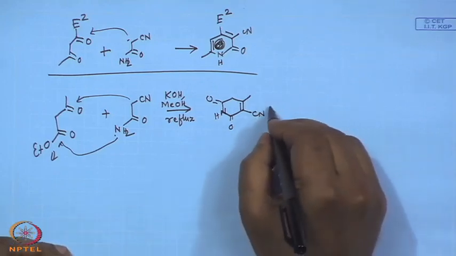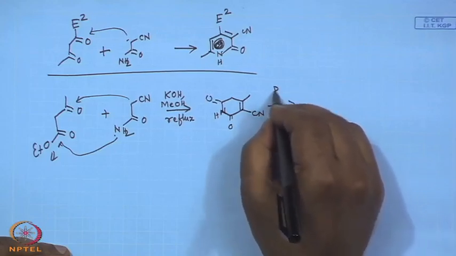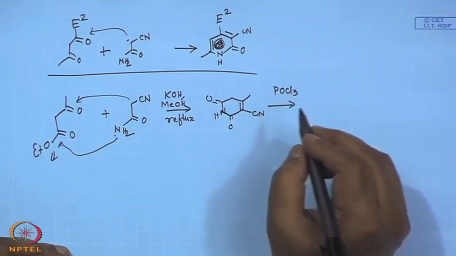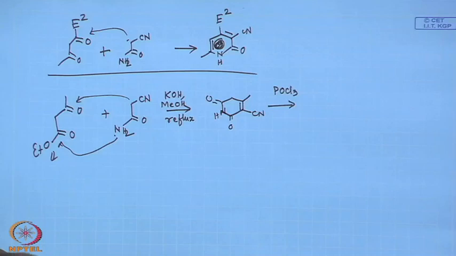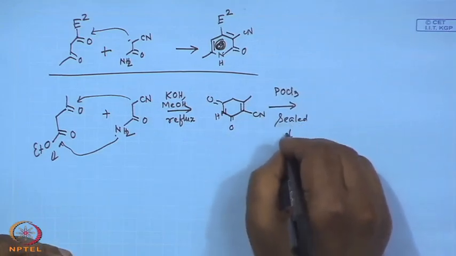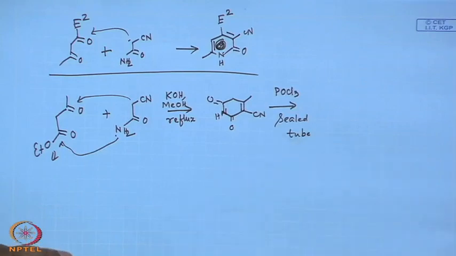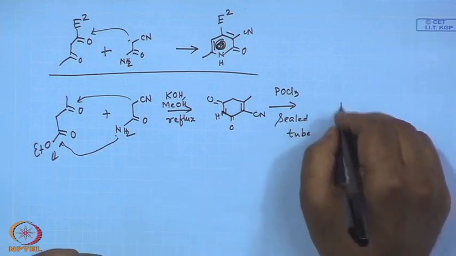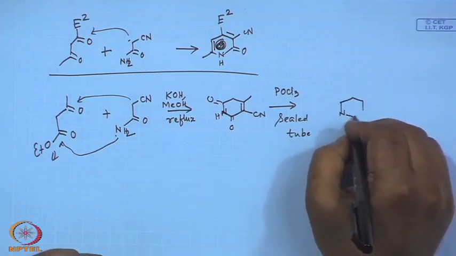Now, this is a very nice product. If you treat this with excess POCl3, and normally it is done in a sealed tube, so what you are likely to get? It is a standard protocol in heterocyclic chemistry. If you have pyridones with hydrogens, you get the corresponding dichlorides.